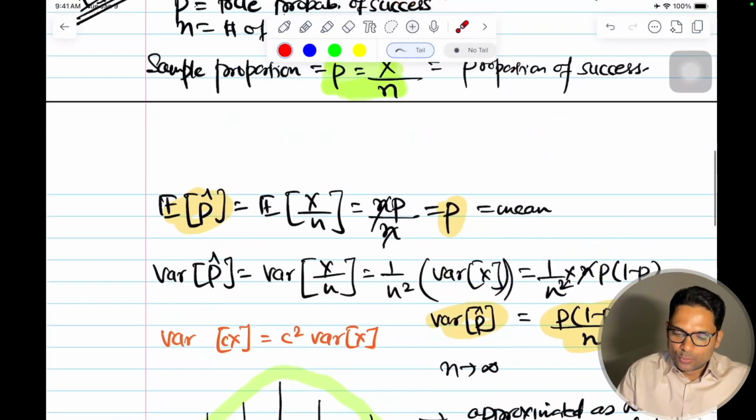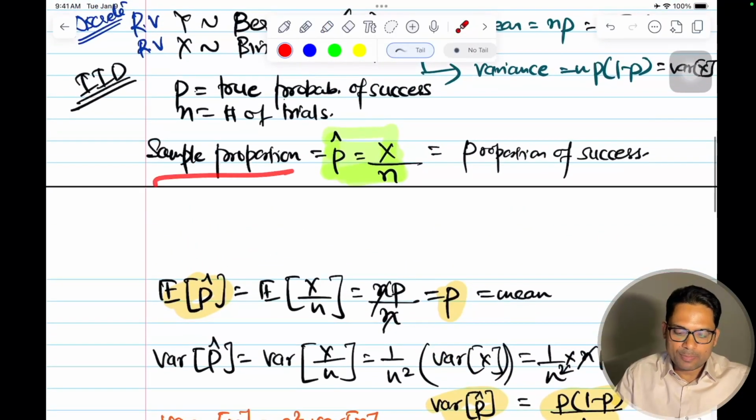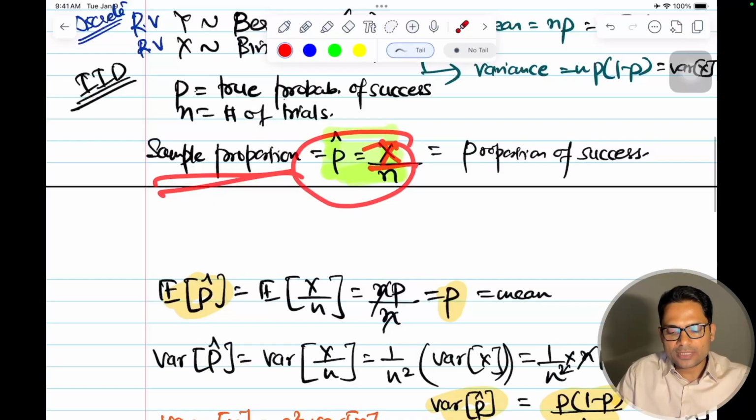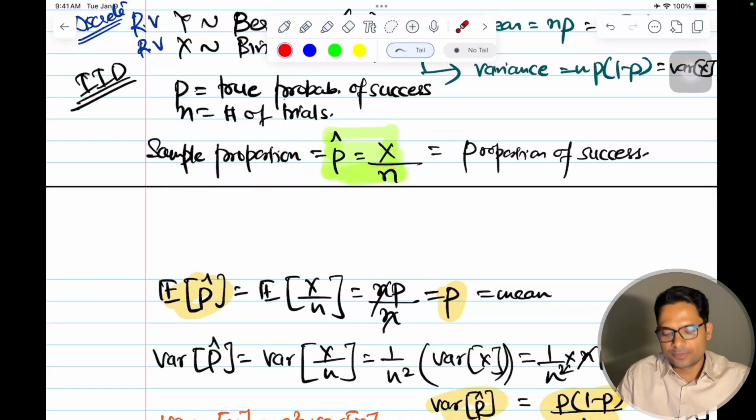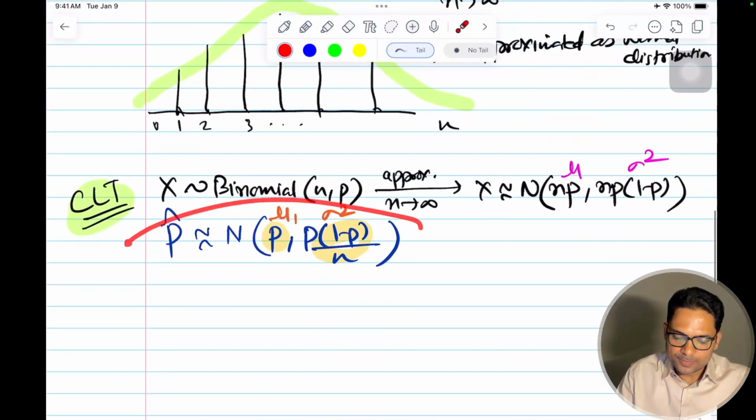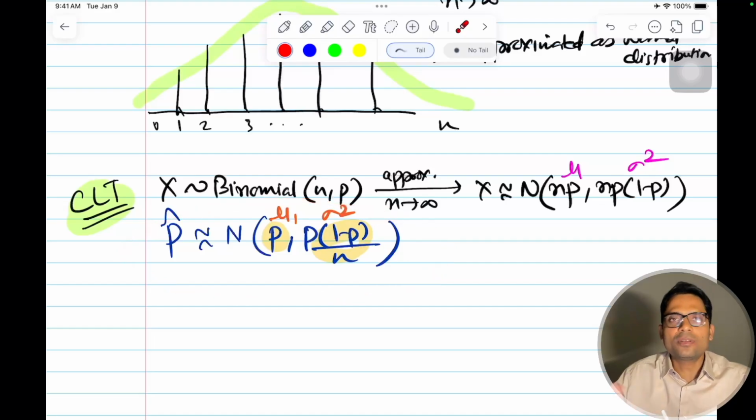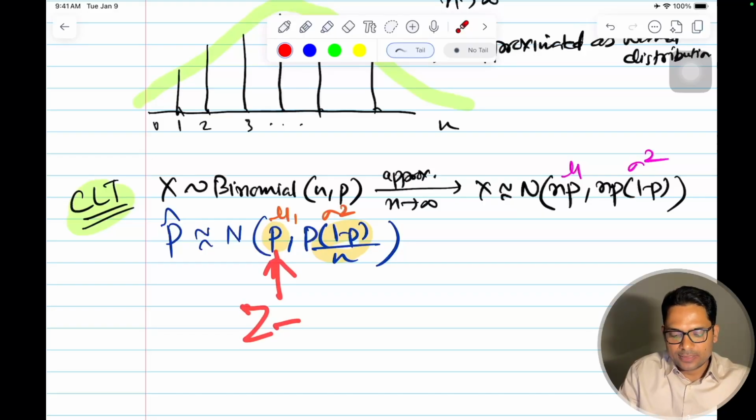Because my sample proportion is defined as number of successes by total number of samples, it became a normal distribution for very high n, and that's where the normal distribution comes in. And then from here, this is the standardized z, right?